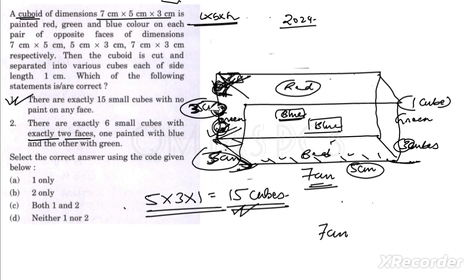So we are left with only one cube from this side, one from this side, and one from this side, with one face blue and one face green. So it should be 4 cubes, not 6. That means the second statement is wrong. Are you getting this one?